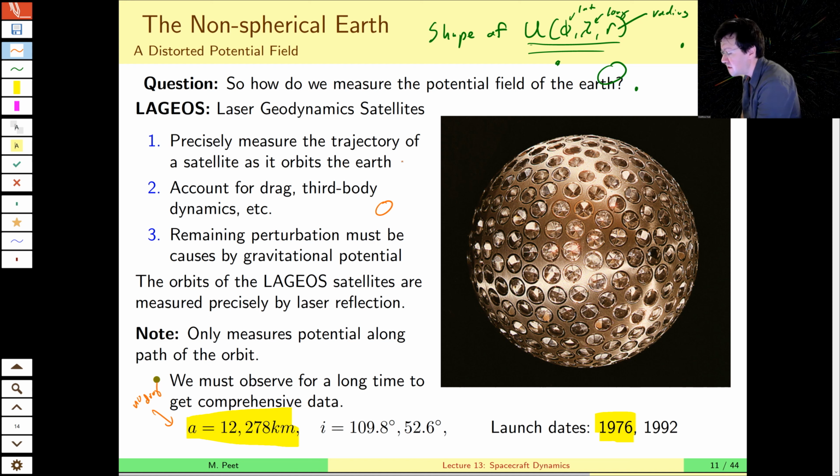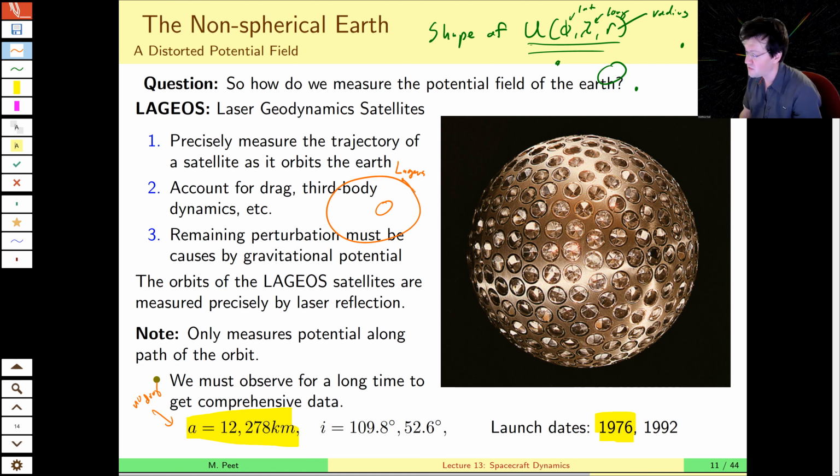Here's Earth. Here's Lageos. And we predict, of course, that it has a standard elliptical orbit. But then, of course, it doesn't. It has perturbations due to gravity. They get weaker as you get farther off, but they're more or less the same in terms of direction as a function of radius.